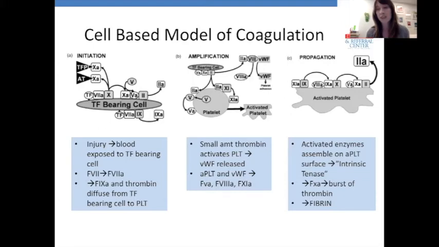All of these activated enzymes, which we just referred to, are going to assemble on the platelet surface and create this sort of enzyme complex, which essentially ends in the development of a bunch of factor 10A and a ton of thrombin.